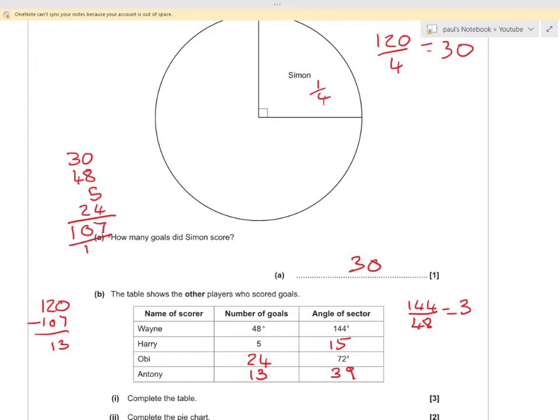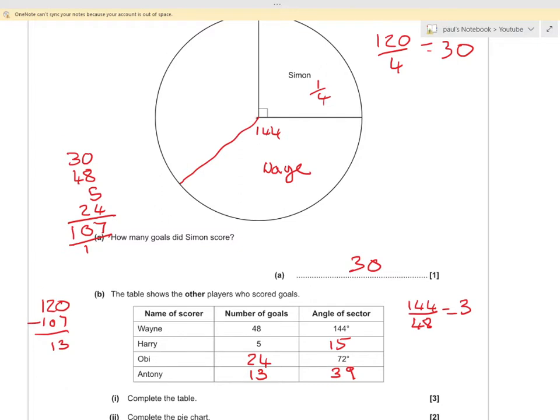Complete the pie chart. Right, so it's going to be a bit of a guess now because I'm not measuring on the screen. So 144, we'll say as 180. Call that, yeah. So that's 144, and that will be Wayne. Oh, he's a good goal scorer.